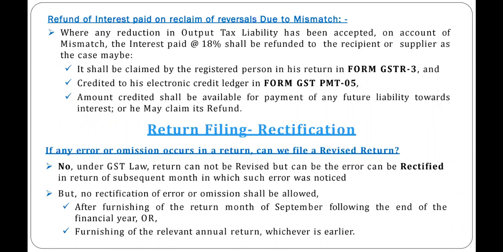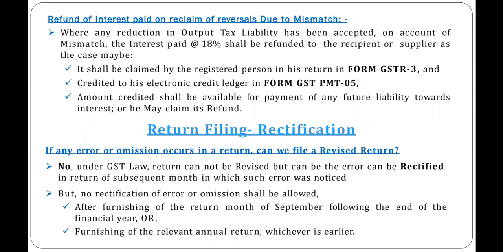Now, return filing rectification. Sometimes when you file a return, you find that you want to do certain rectification, certain alteration or some modification. In that rectification, if any errors or omission occurs in a return, a revised return can be filed.